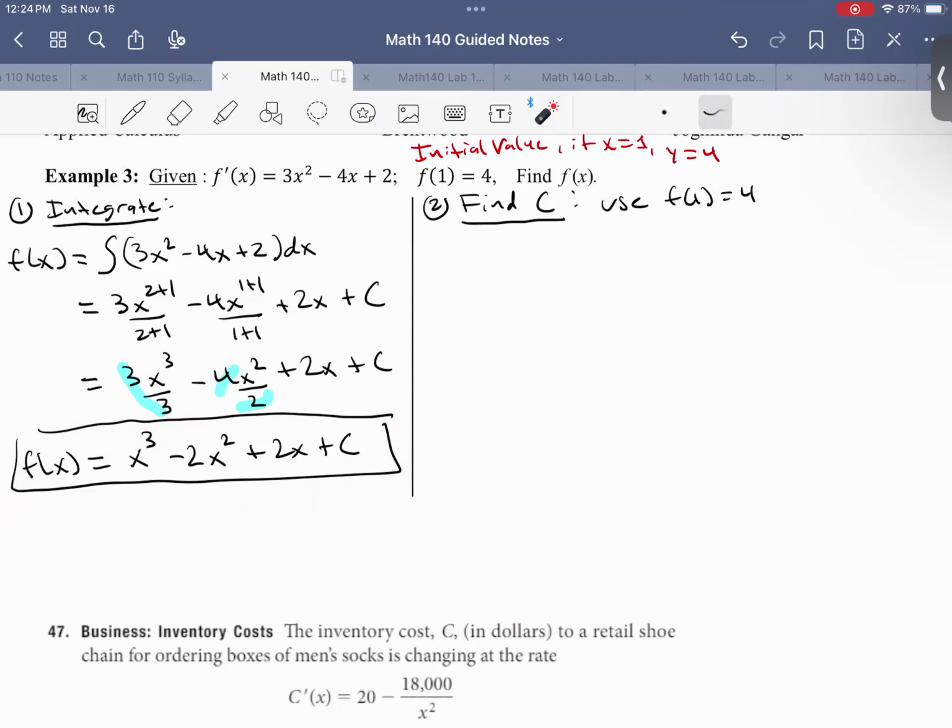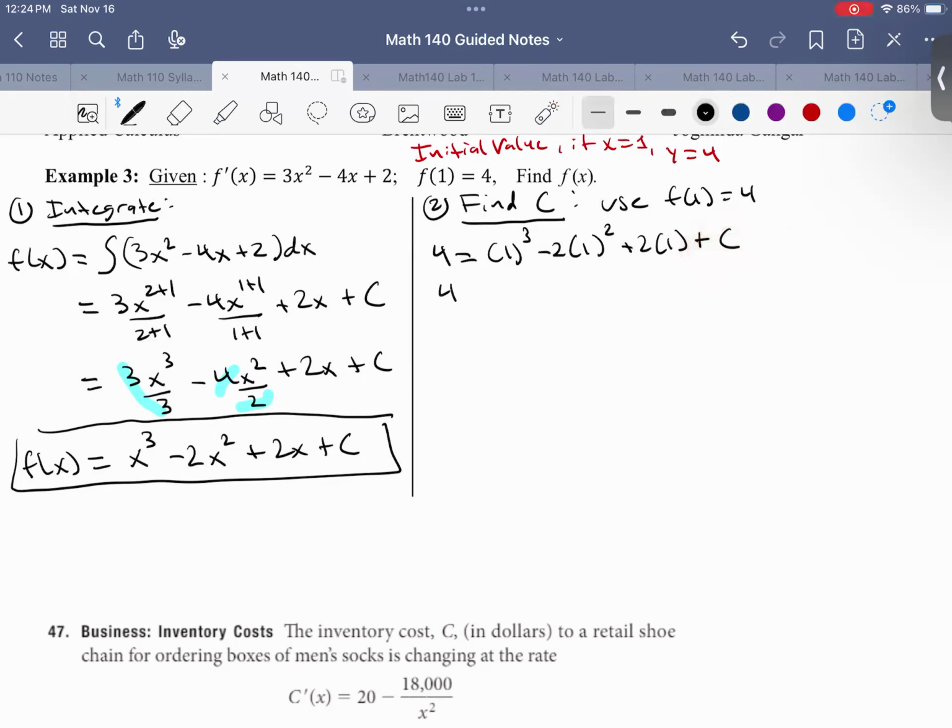If x equals 1, y equals 4, the way I would write this input output is 4 equals 1 cubed minus 2 times 1 squared plus 2 times 1 plus c. My goal is to figure out what c is so that I know what the original function is.